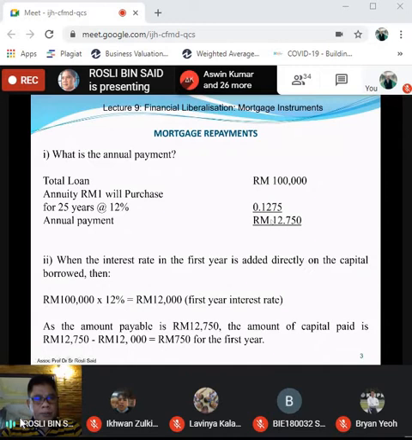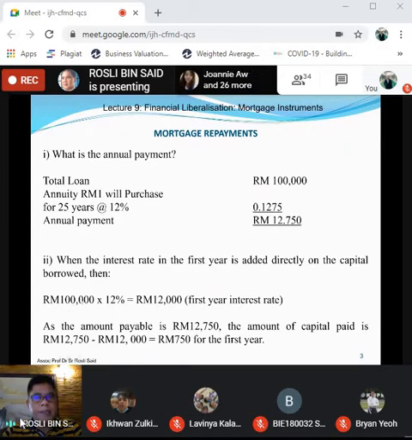And question number 2 is when the interest rate in the first year is added directly on the capital borrowed. So basically, in the first year we have 100,000 capital. That means we borrow 100,000, so the capital outstanding in the first year will be 100,000.